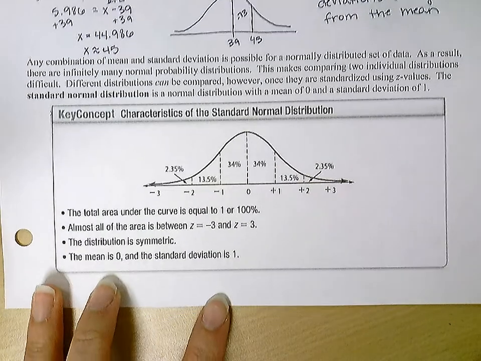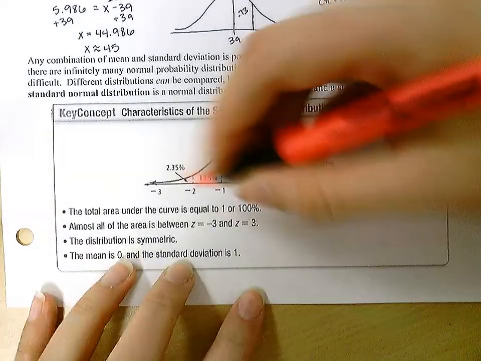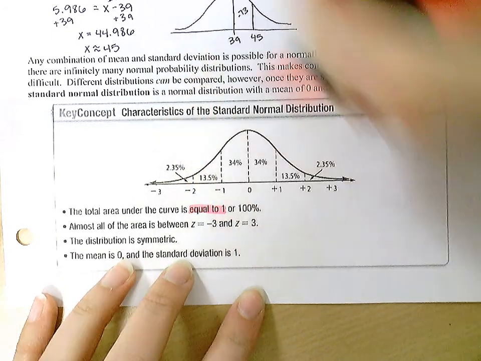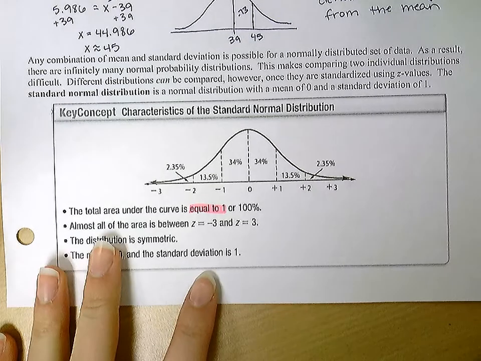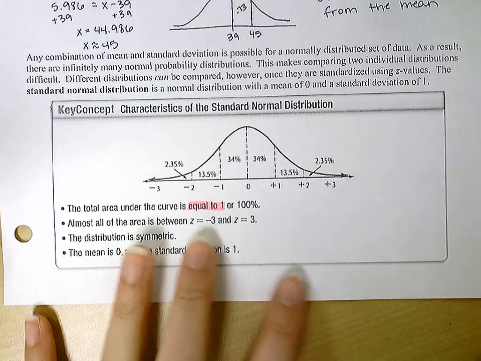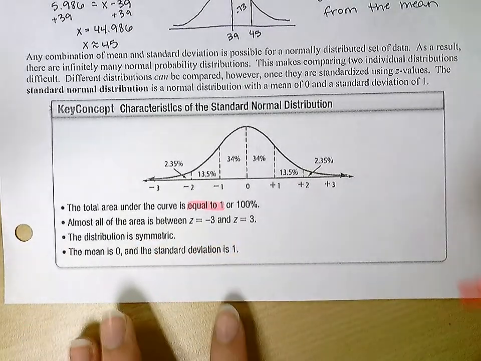So the total area under the curve is equal to 1, or 100%. Again, total area under the curve will be equal to 1, so your answers are going to be less than 1. Almost all of the data is between z equals -3 and z equals 3.